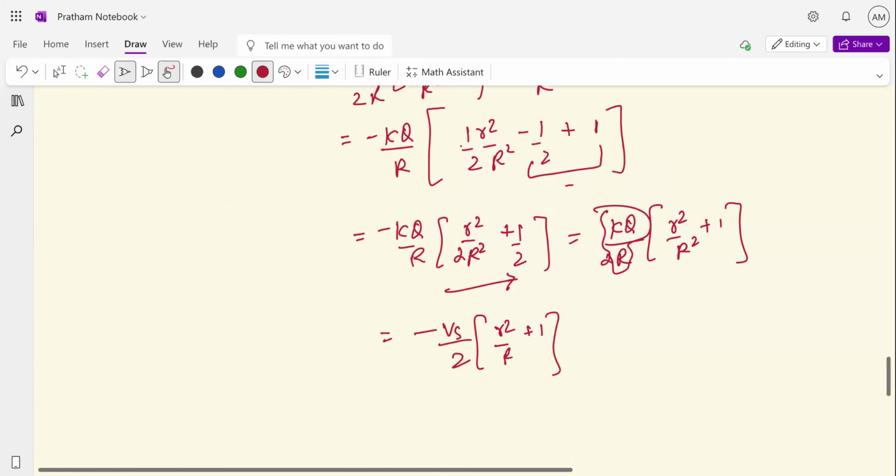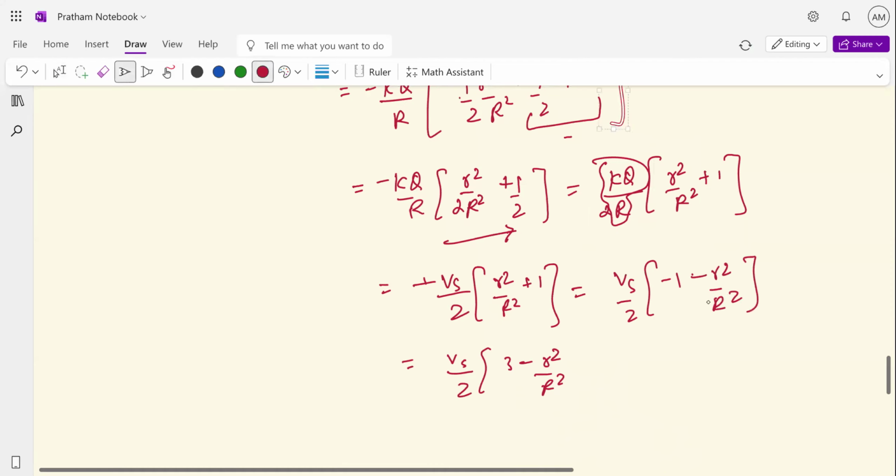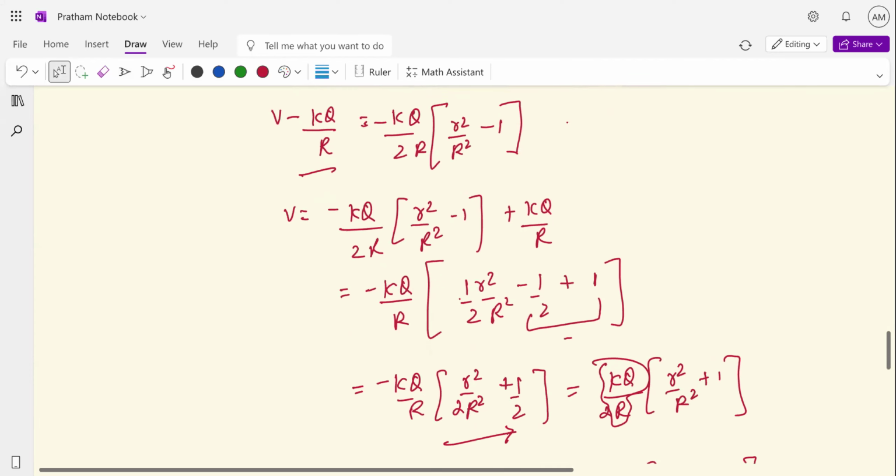What I want to say is the expression should come out something like Vs divided by 2, 3 minus r square by r square. Look, if you put this, it will become Vs divided by 2, minus 1 minus r square by r square. So that's why I'm saying I did some mistake here, in the calculation part itself. So I have to think of it again.